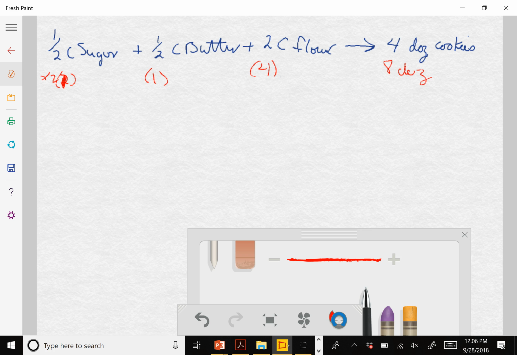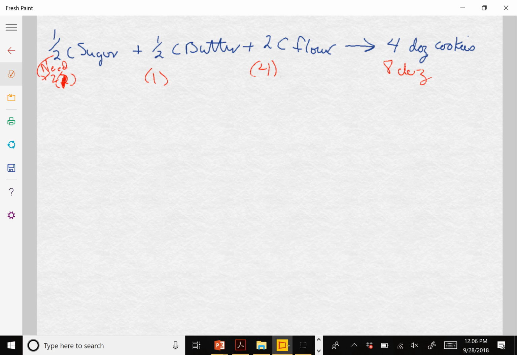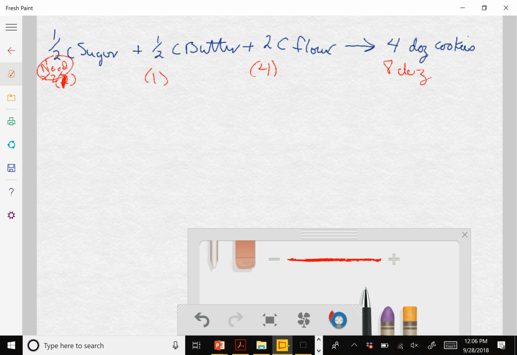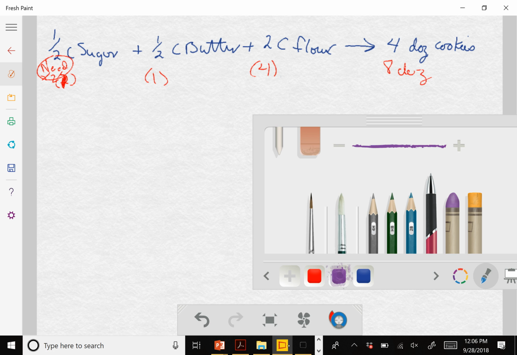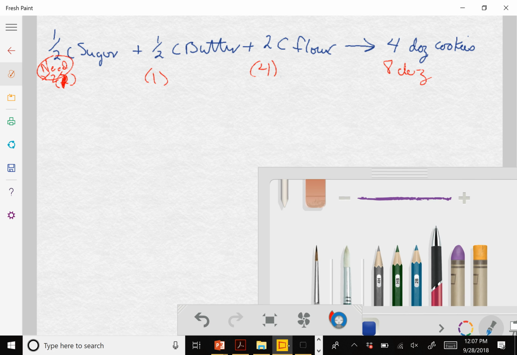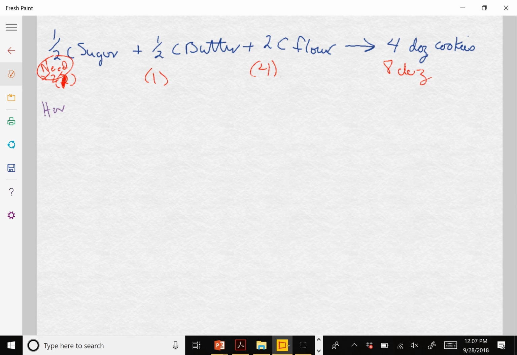Well, let's just say you go to your cupboard. Let's use these terms here. I'm going to put need. The recipe says you need that. You go to your cupboard, let me change my pen color to purple, and this is what you have in your cupboard.